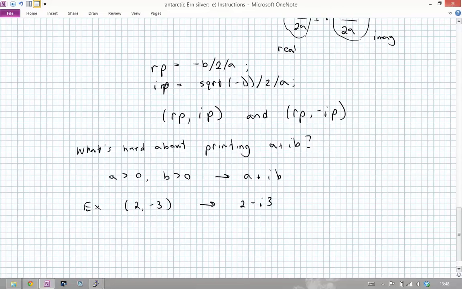Let me show you another example that's annoying. 2, 1. That is 2 plus i. That's how you write the complex number 2, 1. It's 2 plus i. What's annoying about this one?